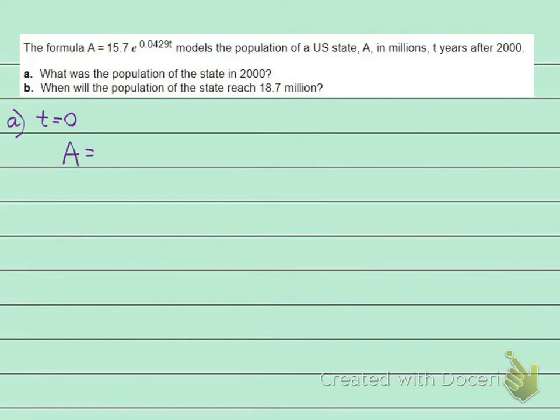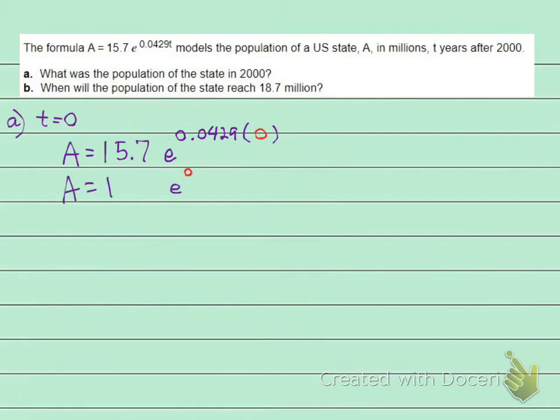A equals 15.7 e, Euler's number there, to the power of 0.0429 times t. And what's t going to be? 0. So we know that anything times 0 is just 0, so that's going to give us e to the 0.